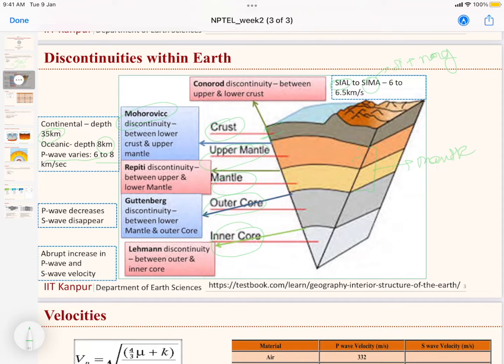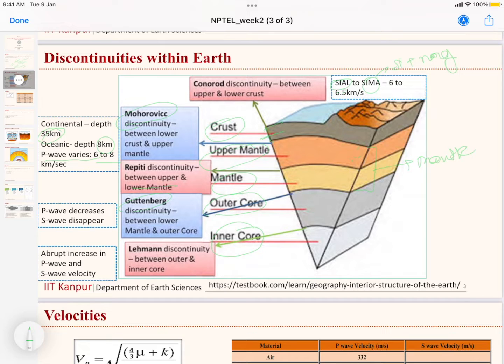Moving to the deeper structure, we have the Repetti discontinuity that exists between the upper and the lower mantle. Now the major discontinuity that is very prominent is the Gutenberg discontinuity, because here we see a very nice contrast.